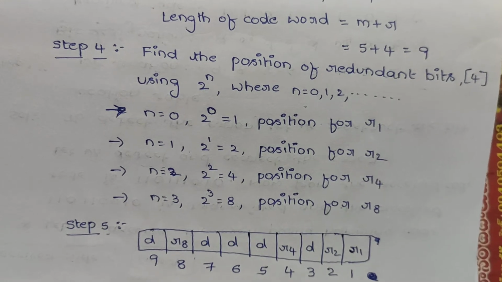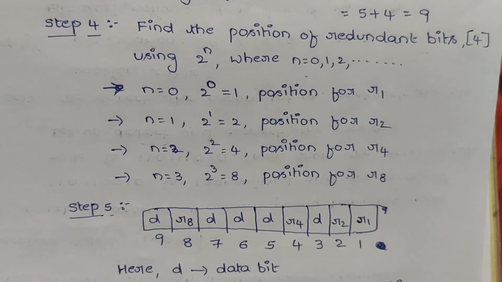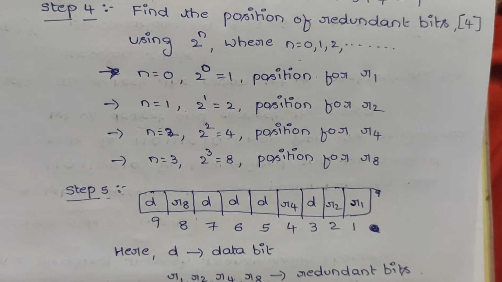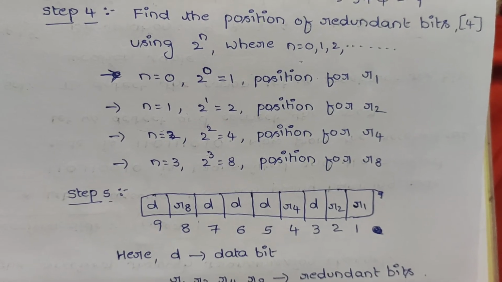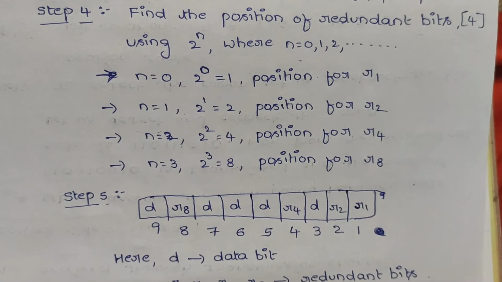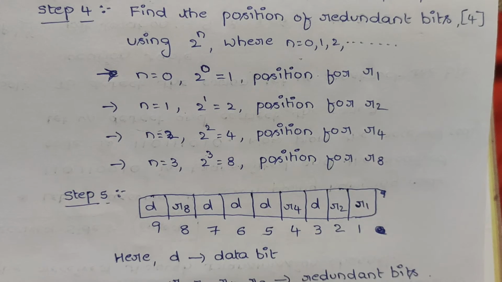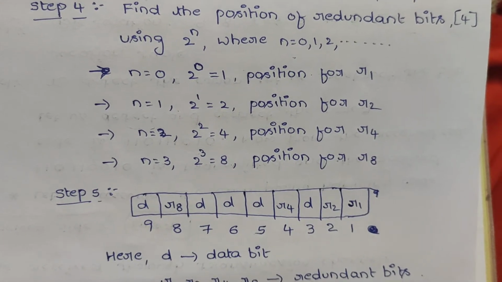In step 4, we need to find the positions of redundant bits using 2 to the power of n, where n is equal to 0, 1, 2, and so on. Here we have 4 redundant bits, that is r1, r2, r4 and r8. When we place n value as 0, then 2 to the power of 0 is equal to 1, which is the position of r1.